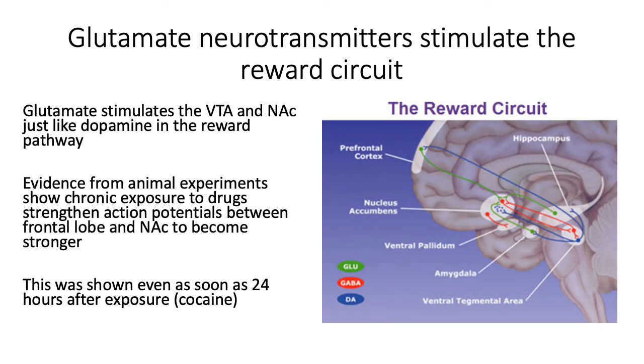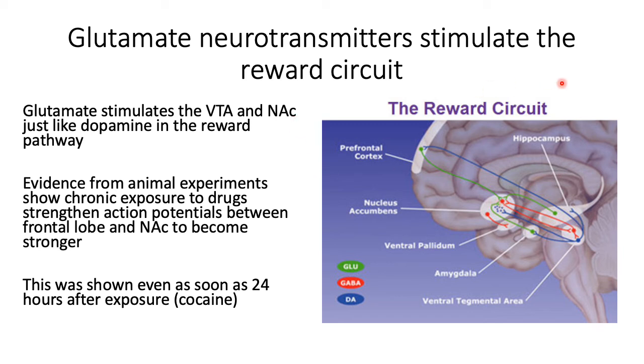We already covered the dopamine pathways, so let's talk about glutamate receptors and glutamate neurotransmitters, which also stimulate the reward circuit. Glutamate is also found in the ventral tegmental area and nucleus accumbens. Remember we said that those 2 brain structures are strongly related to addiction. And of course, these brain structures have their neurons branched out to other areas of the brain, like the frontal cortex.